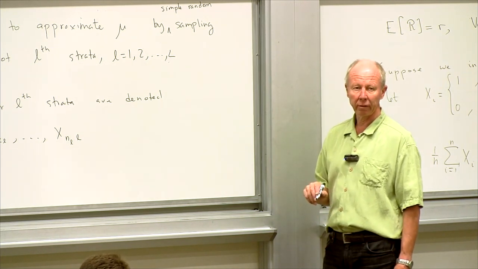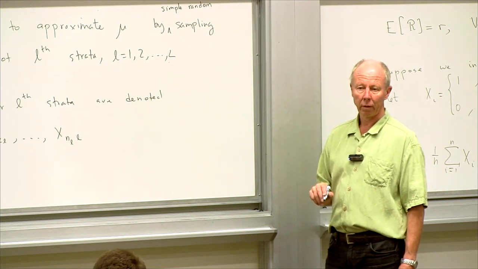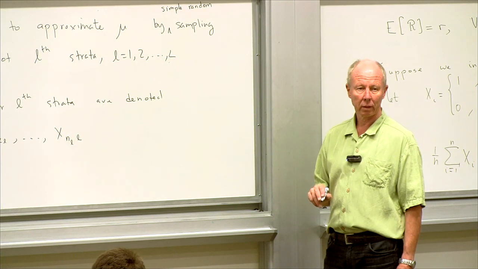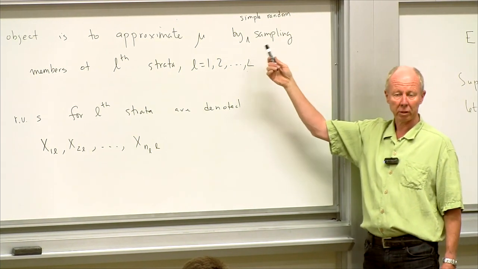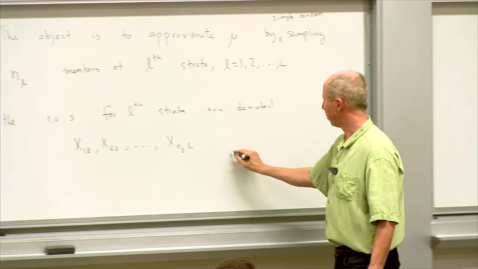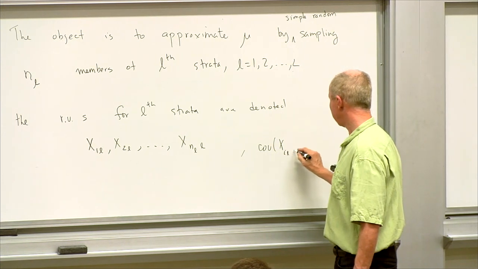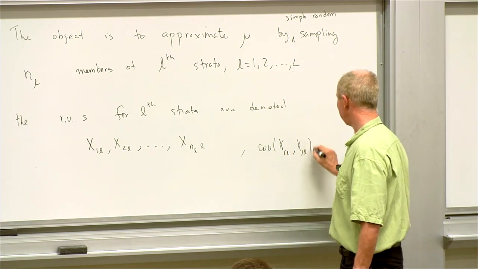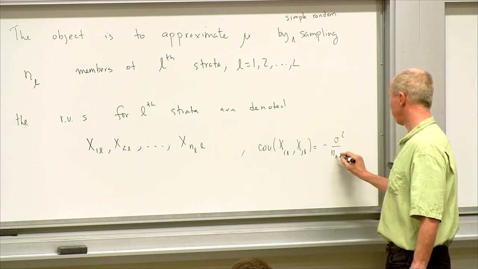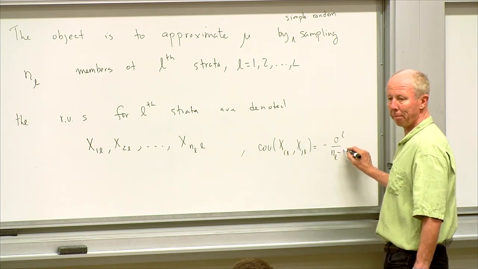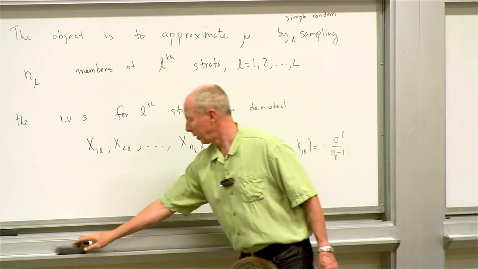They're not independent. Why not? Why are these not independent? It's from simple random sampling, right? There's a slight dependence. So we know, for example, that the covariance of x_iL and x_jL would be minus sigma squared over little n sub L. Was it minus 1 here? It's capital N sub L. Well, oh yeah, capital N sub L, yeah. Thanks.